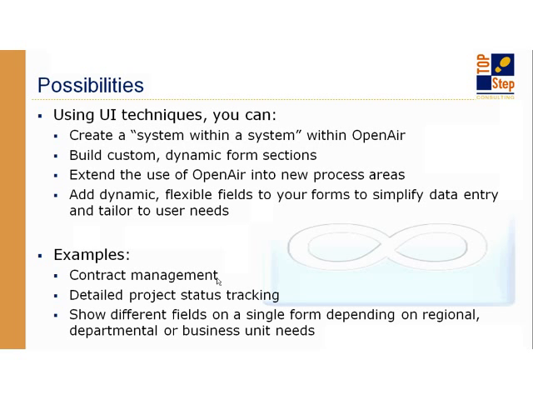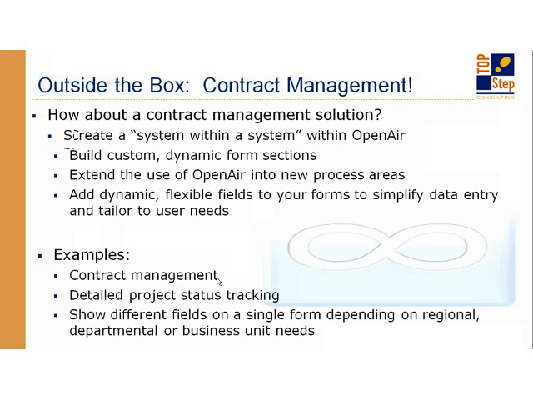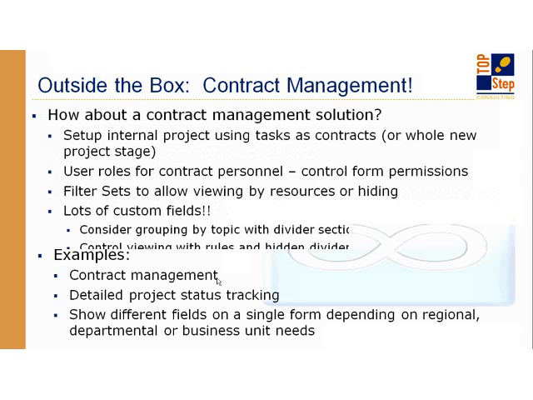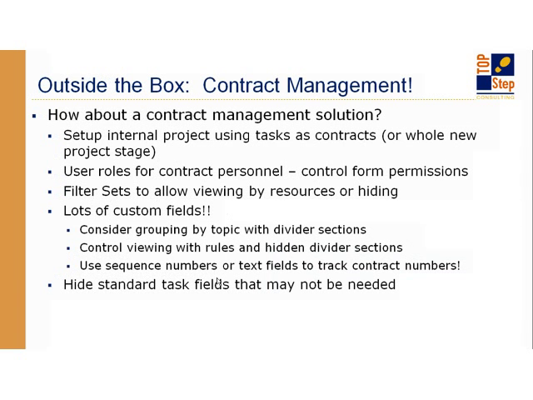So let's take the example of contract management. If you think of it in an abstract sense, a contract is really just a thing you have to track, and it has a start date, an effective date, and sometimes an expiration date. And there's some information about it, like the customer, maybe the type of project it's related to.